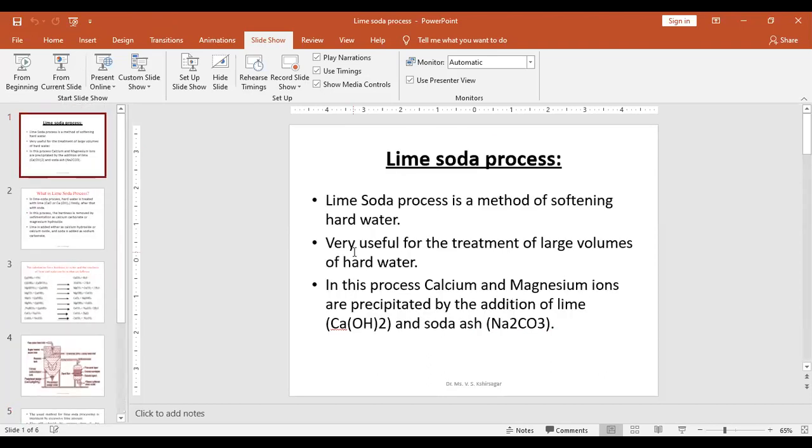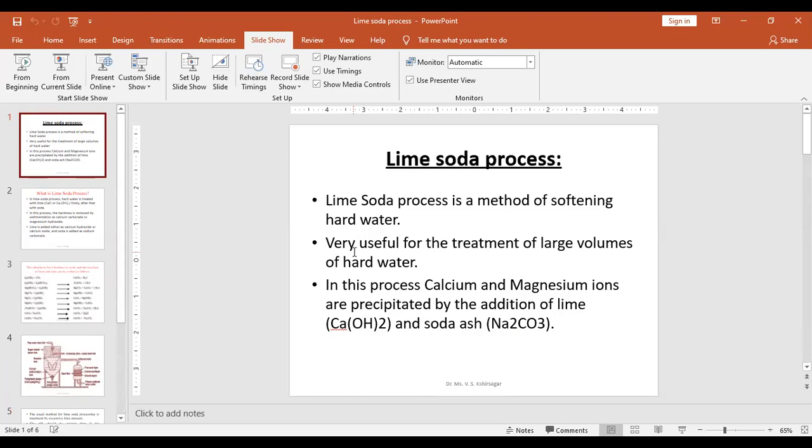Simply you can remember that the lime soda process is a water softening method for hard water in which we apply lime and soda together. Lime in the form of calcium hydroxide, that is Ca(OH)2, or lime in the form of calcium oxide, that is CaO, and soda ash, that is Na2CO3.